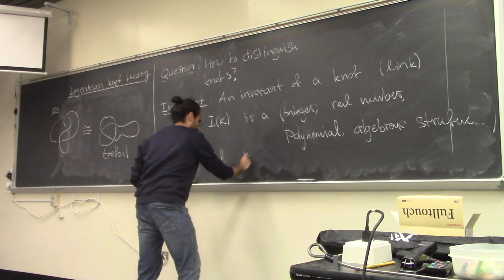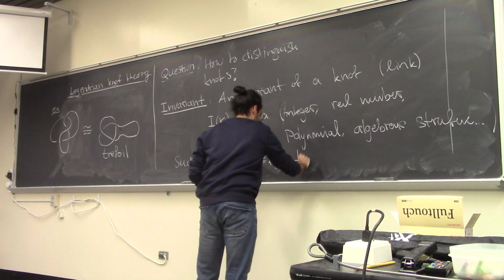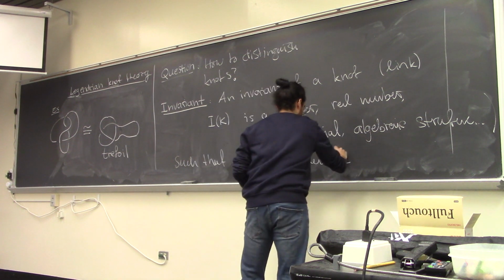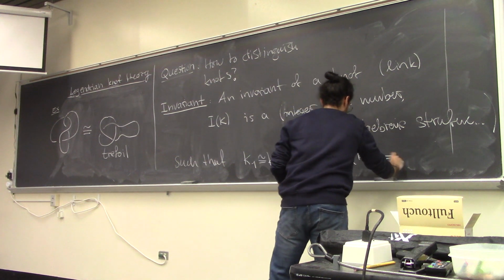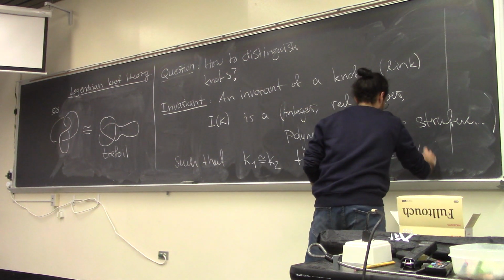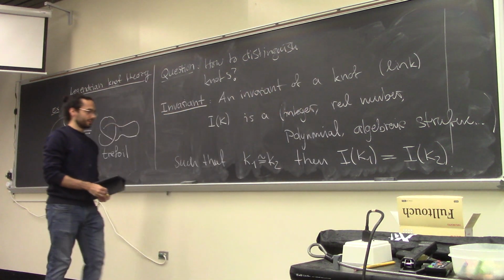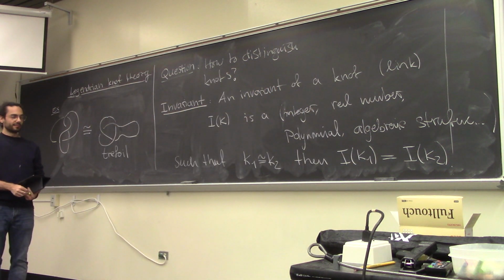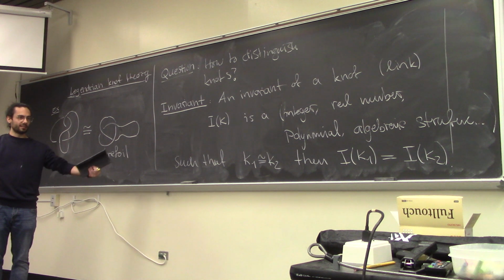So if K1 is equivalent to K2, then, hence the name invariant, the invariant should be the same. This is what an invariant is: some quantity, some kind of structure, which is the same as long as the knots are the same.